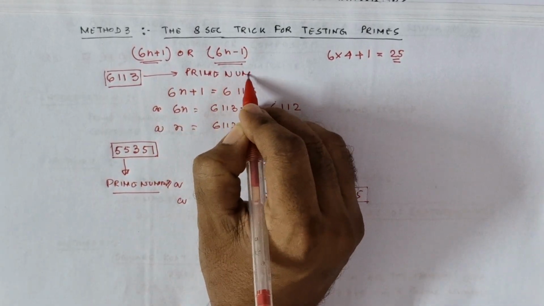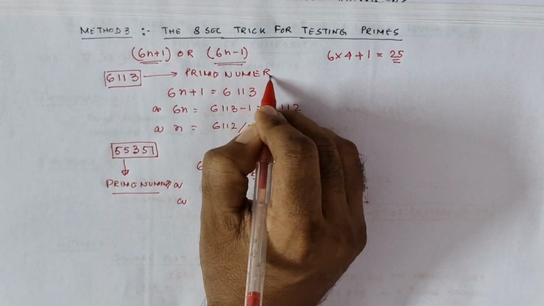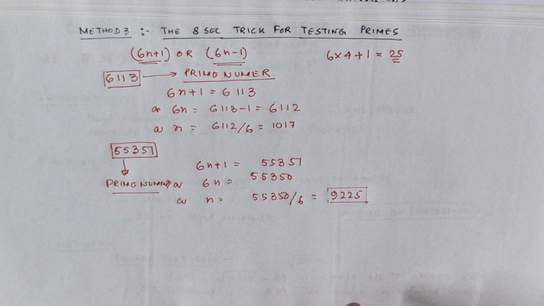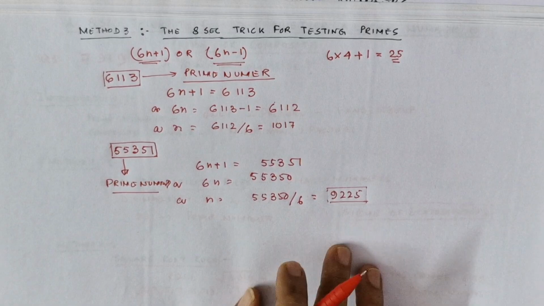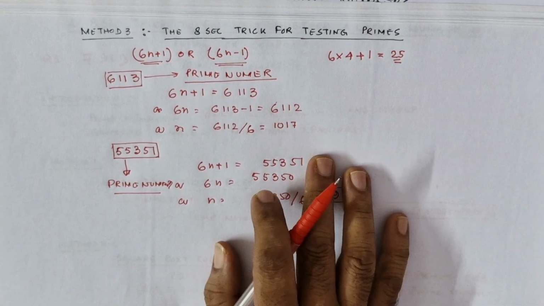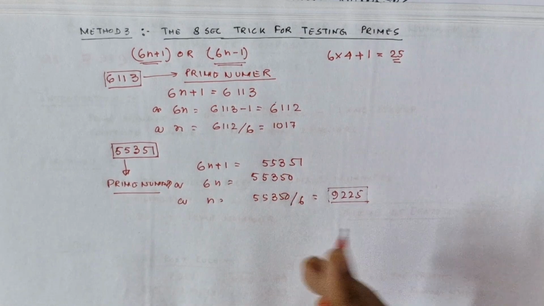So using this 8-second trick, you can find out whether a given number is a prime or not. Got it? At the end of this video, I'll give you a question.